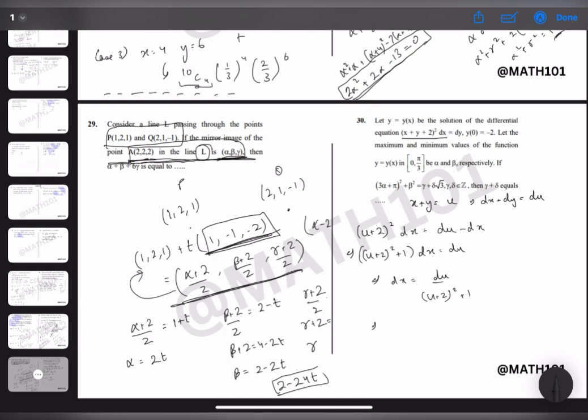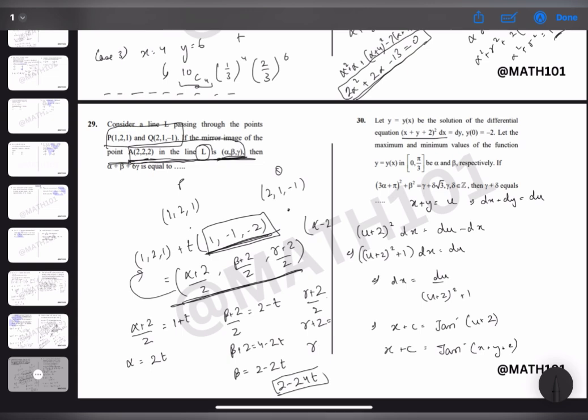Which implies integrating it, we'll get x plus c equals tan inverse of u plus 2, which is equal to tan inverse of (x plus y plus 2).